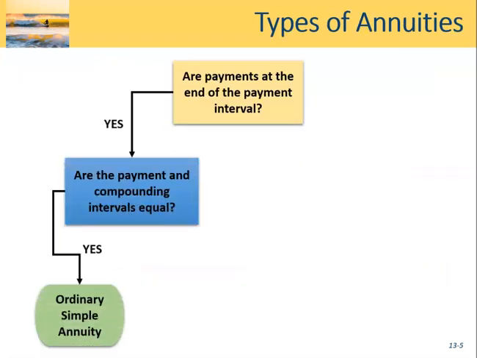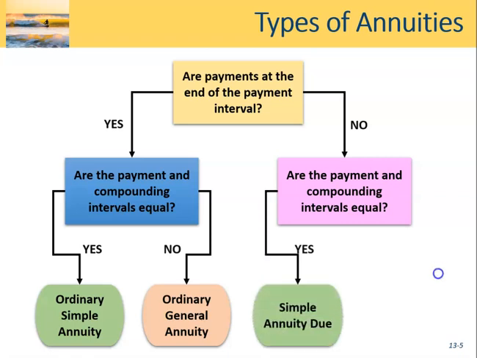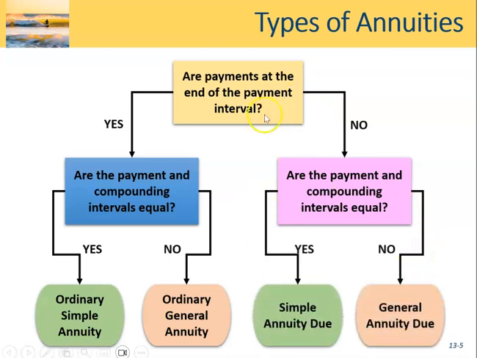Okay, if you remember this flow chart, let's have a look. Okay, so are the payments at the end of the payment interval? For the chapters we've been covering so far, the answer has been yes. But this case, the answer is no. Are the payments and compounding intervals equal? If they're yes, okay, so your payments per period and when it's compounded. So if they're both monthly, if they're both quarterly, if they're both semi-annual, then it's a simple annuity due.